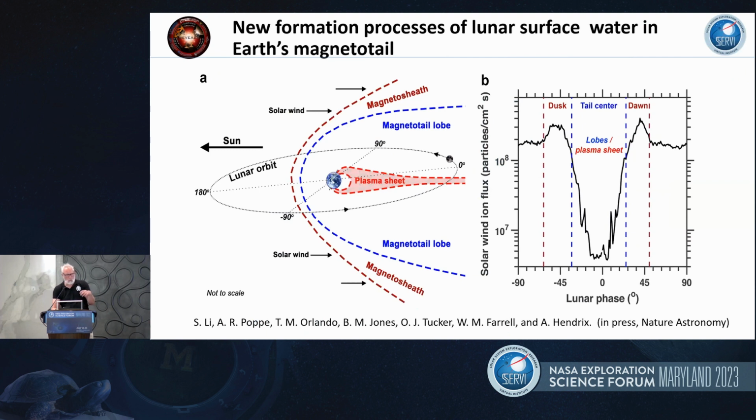But if you look at the data sets when the moon is moving through the magnetosheath, through the magnetolobe, into the plasma sheet and out, he looked at the variation of these optical signatures in the M-cubed data, and he finds that it does increase, as you expect, in this dusk part where it goes through the magnetosheath where the proton flux is high. And then the proton flux goes down. So what's being mapped here is the proton flux as you move through the magnetotail. Okay, so it goes up, it goes down, and then comes back up again.